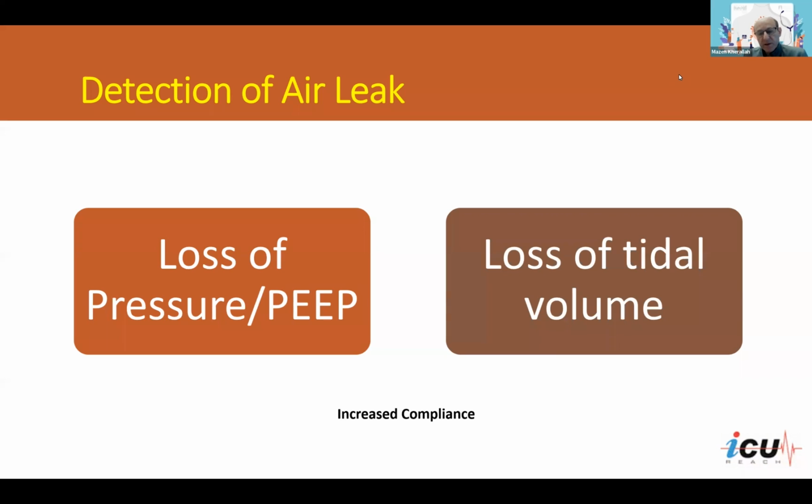You put in 500, however, you leak 200 or 100. At the same time, since you have the increased compliance, you're going to lose the pressure. You may lose the inspiratory pressure or the expiratory pressure, or you can see it based on how you pay attention to inspiration or expiration. So we'll see that together actually.